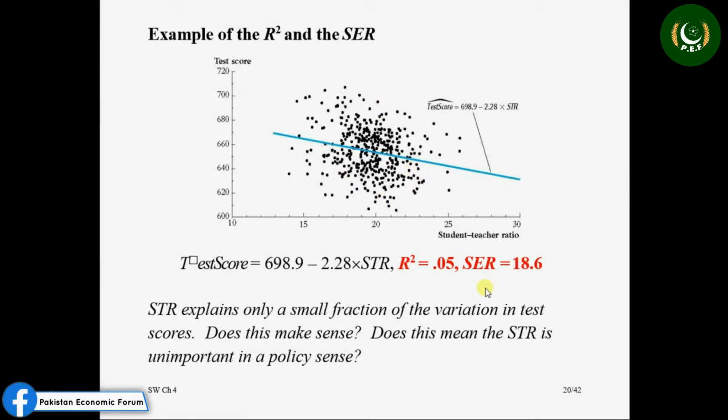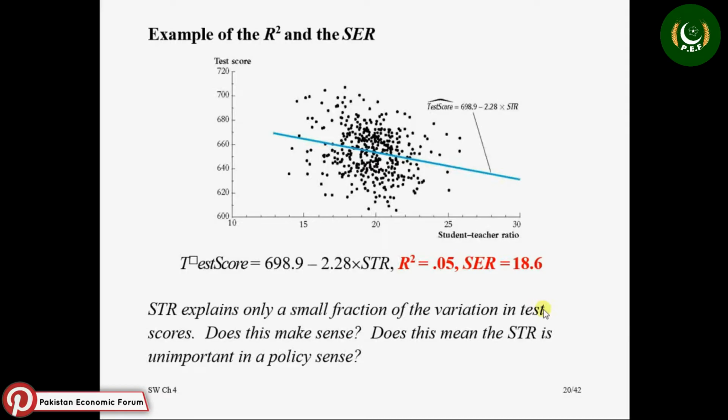Does it mean the class size has no effect on test score? Standard error of regression is high, because plus or minus 2 standard errors of regression will make your guess more than 37 units on or off. So your standard error of regression is high when we compare test scores.